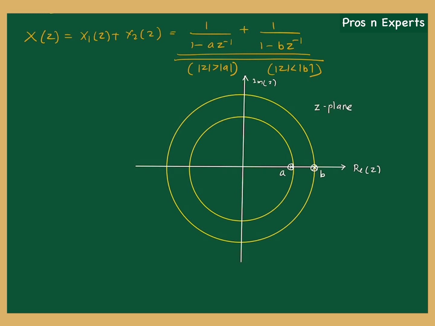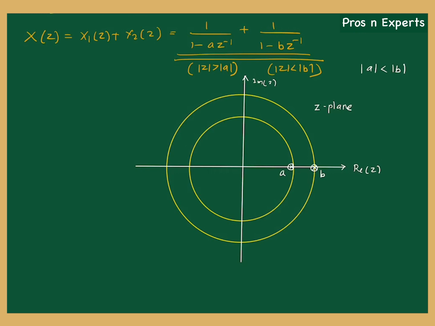So I have drawn the z plane and the pole-zero plot. You can find the pole a, and I have drawn a circle with radius a. Also the pole b, with a circle with radius b. And I have assumed that mod a is less than mod b. You can see why I have assumed this later.